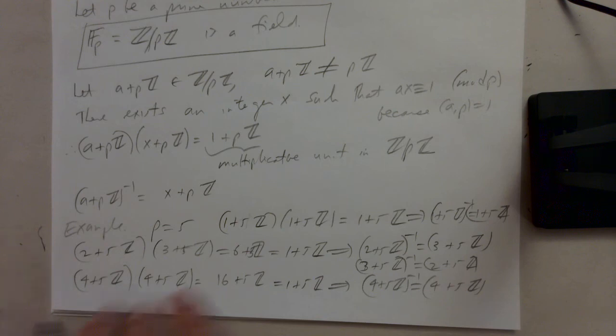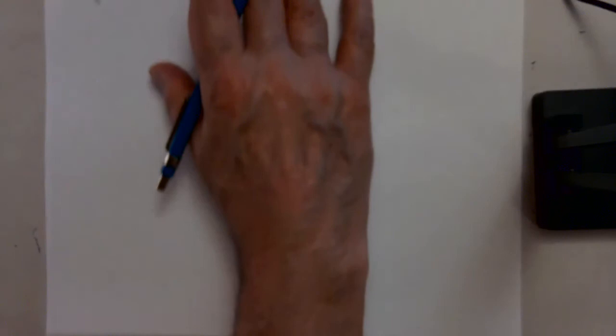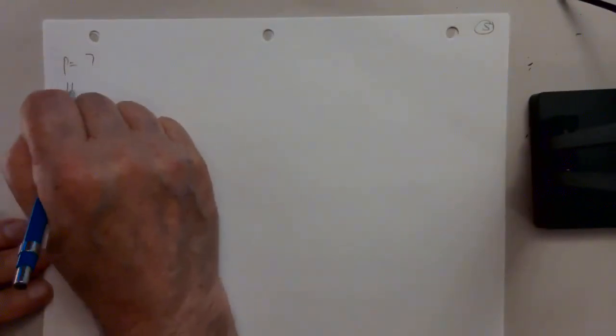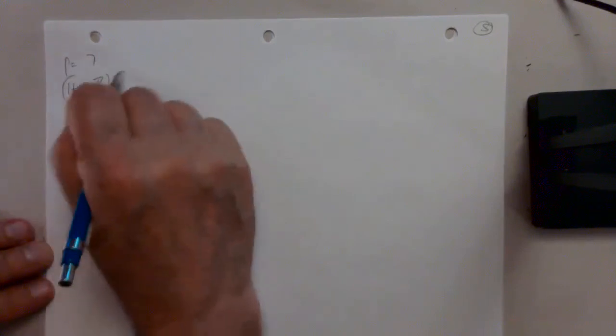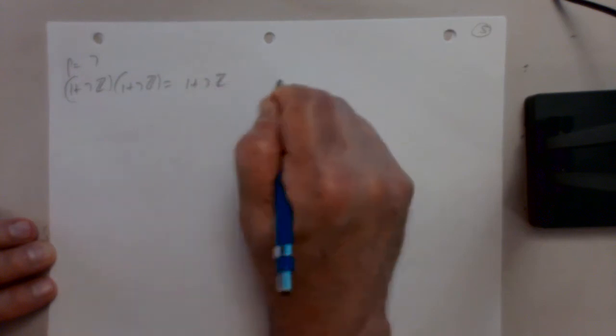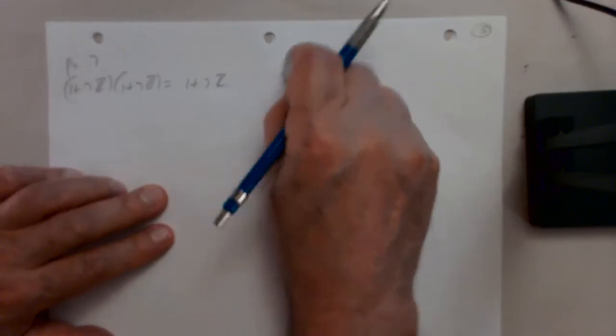Let's do another example. These are fun. Let's take the next prime, which is 7. So 1 plus 7Z times 1 plus 7Z is 1 plus 7Z. So the inverse of 1 plus 7Z is itself.